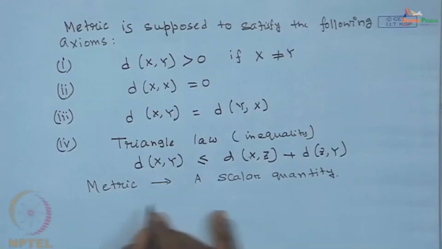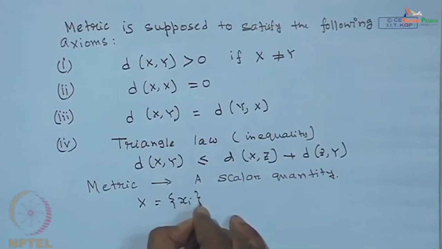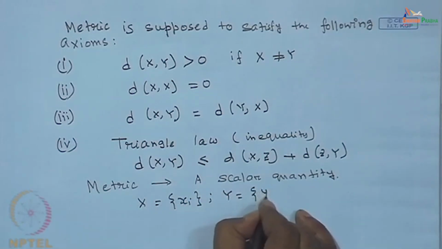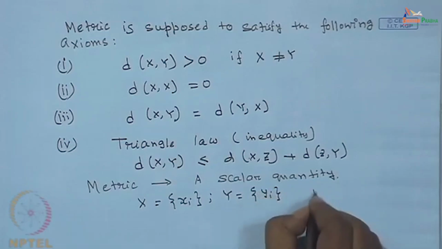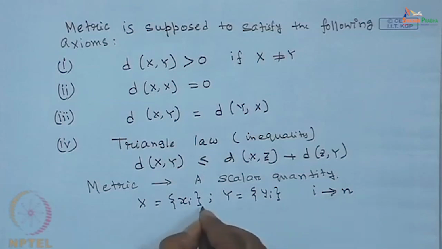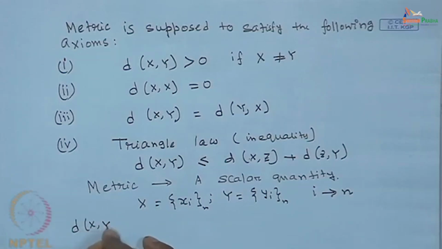Now, if there are two vectors, let us say x, which will be constituted of the elements x_i, and y, which will have the elements y_i, where i basically goes up to n. So, we are talking about an n dimensional space. Then what is the metric between x and y?